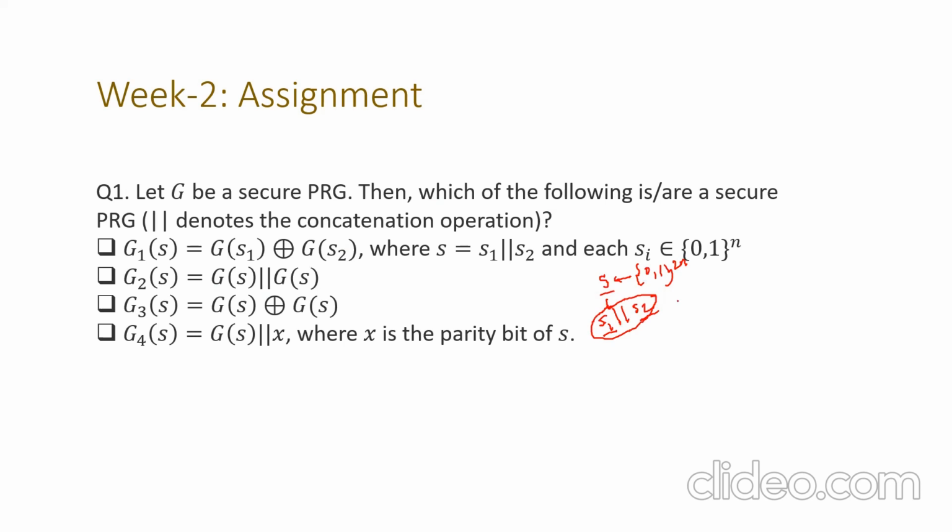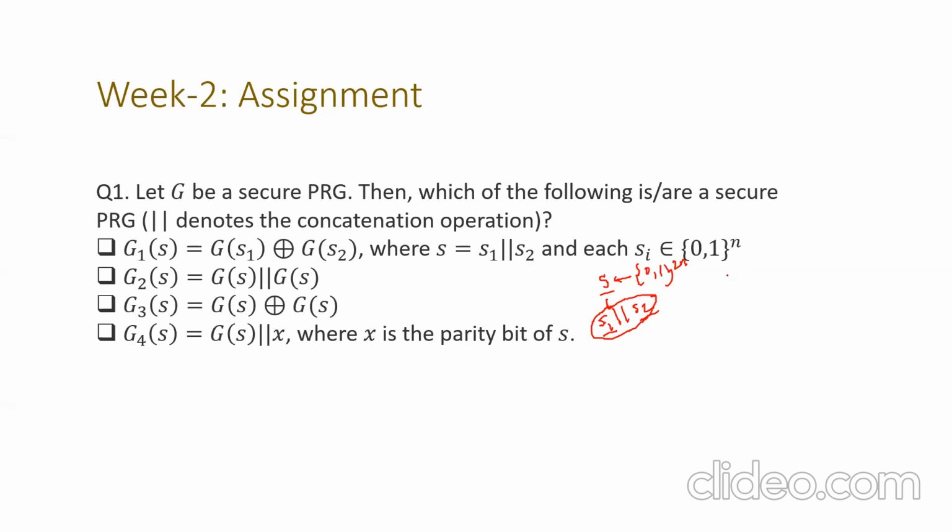The seed of the PRG is the only secret, and the adversary gets to see the generated pseudorandom bit string. This is pseudorandom because for a secure PRG, seeing the PRG output, you should not be able to distinguish it from a truly random string, right?